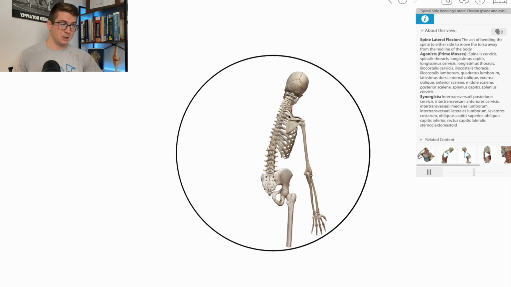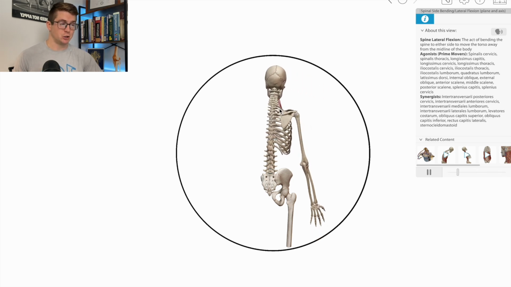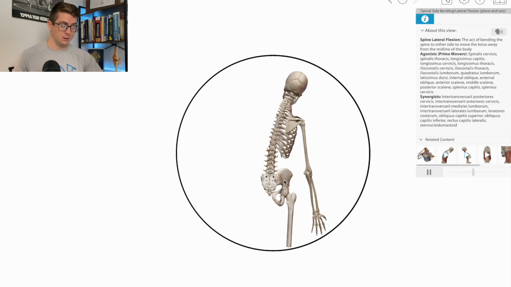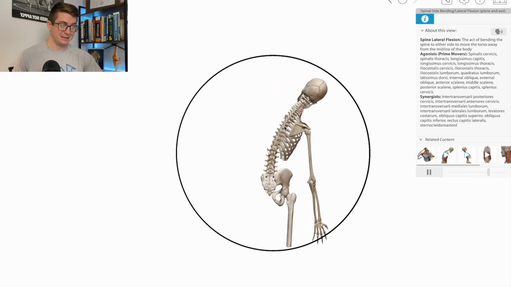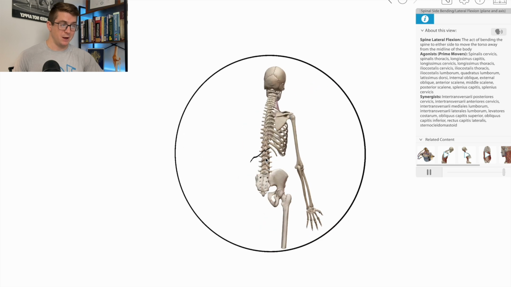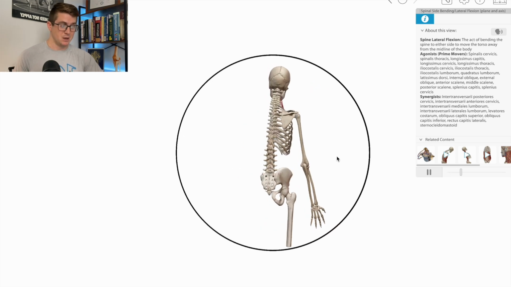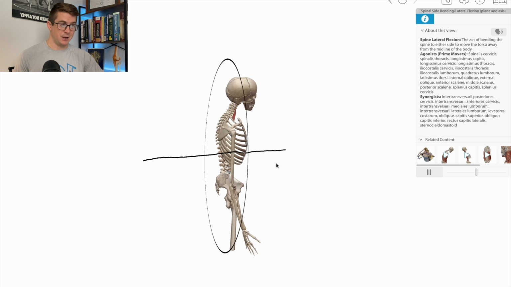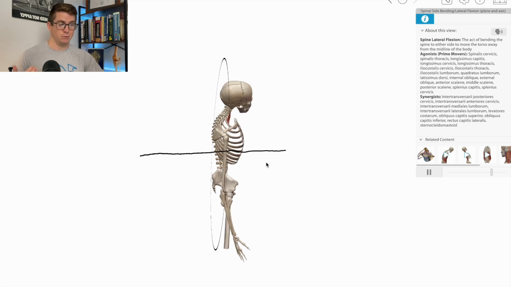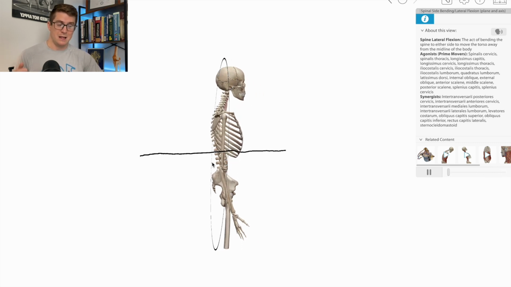And this is important. I'm glad that it included the shoulders, because the hips are stationary and the shoulders are actually moving relative to the hips, even though the movement and the axis of rotation is going through the spine. This is why it's a trunk movement. We can tell that since the plane of movement that I've drawn here cuts the body into front and back halves, that is the frontal or the coronal plane.